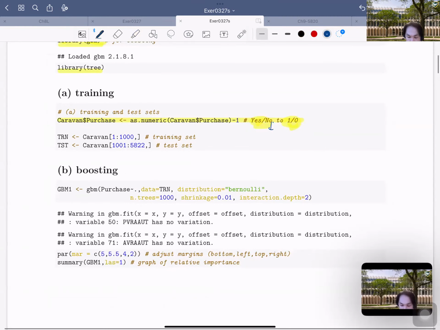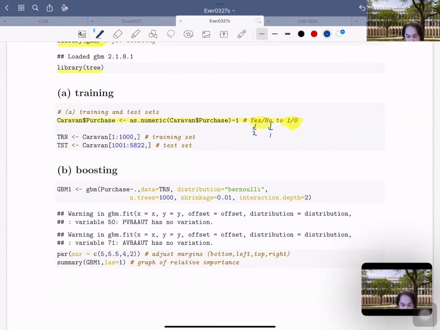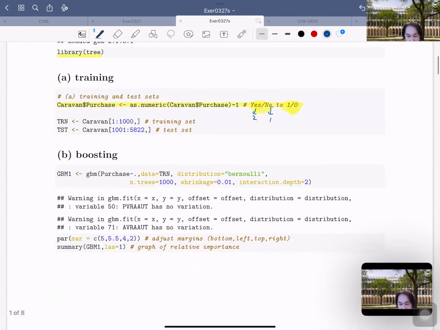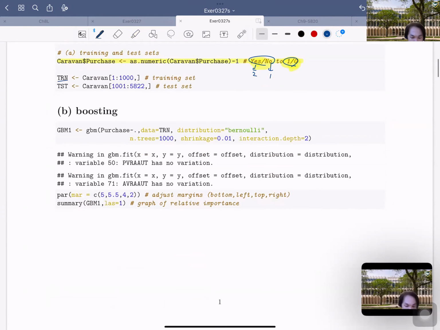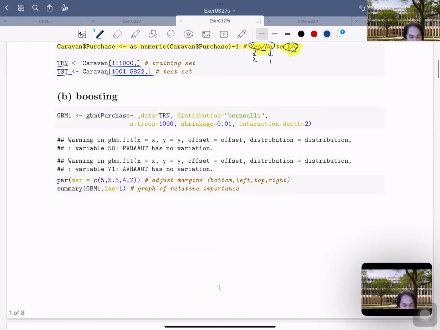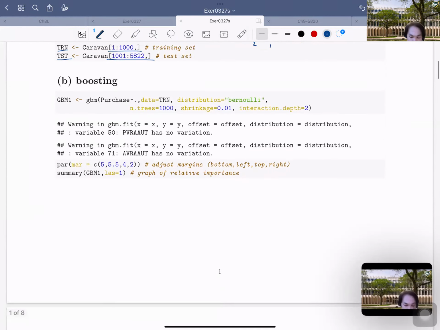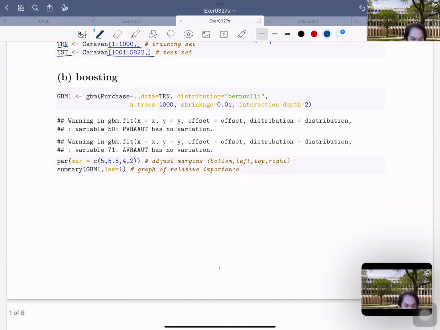So I just make it numeric and subtract 1. Then yes, no becomes 1, 0. And the training set is the first 1000, next the others. One reason I asked this is just to get the same result. If we randomize, the result may be randomized again.